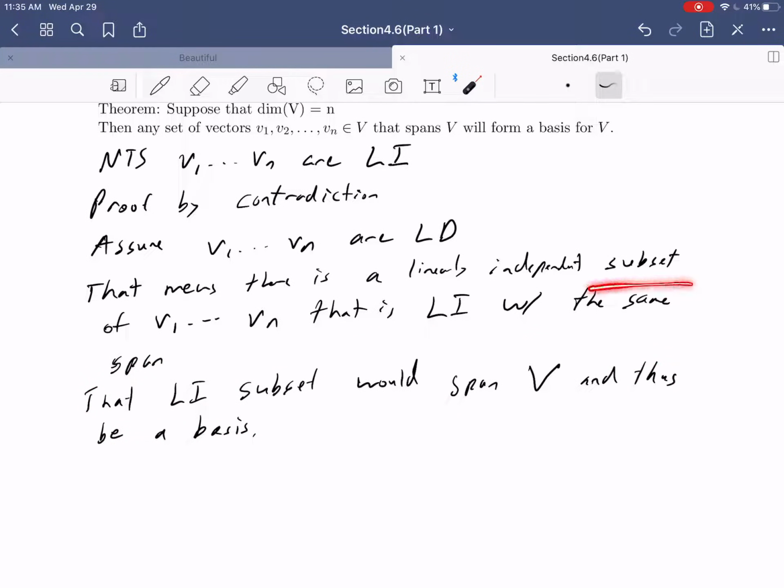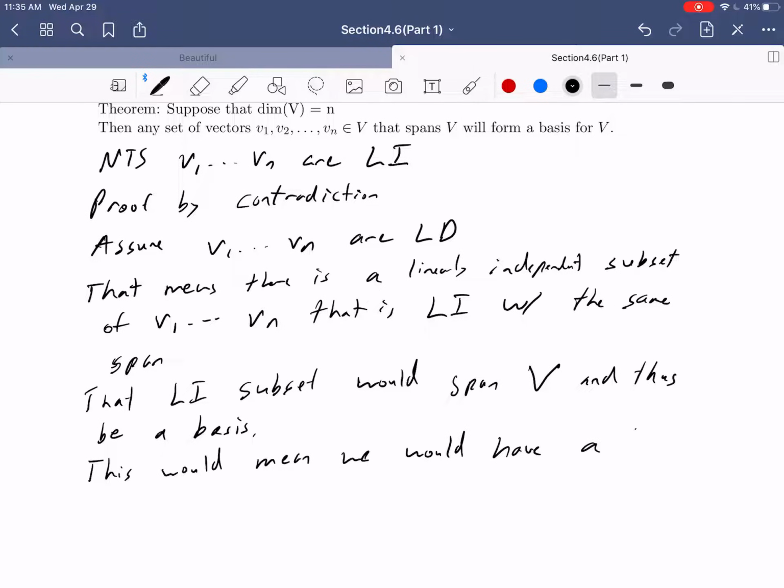But remember, it's a subset, so it would have fewer vectors. This would mean we would have a basis with fewer than n vectors, which is a contradiction. Why is it a contradiction?